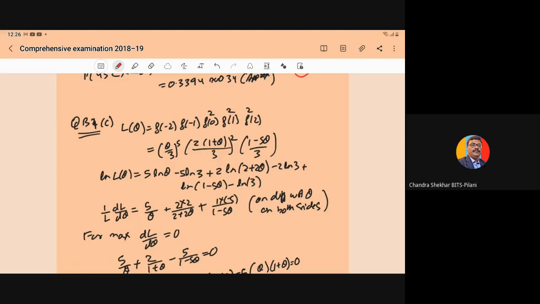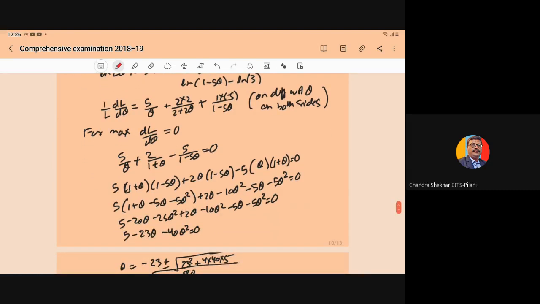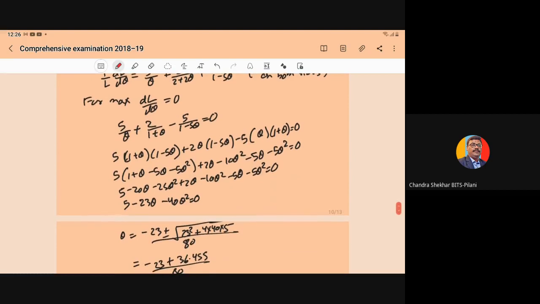And for the maxima, from calculus we know that dL by d theta must equal 0. So when we equate to 0, we have 5 upon theta plus 2 upon 1 plus theta minus 5 upon 1 minus 5 theta is equal to 0. So here you take the LCM. In this case, you will get theta is equal to minus 23 plus minus root of 23 square plus 4 into 40 into 5, upon 80.